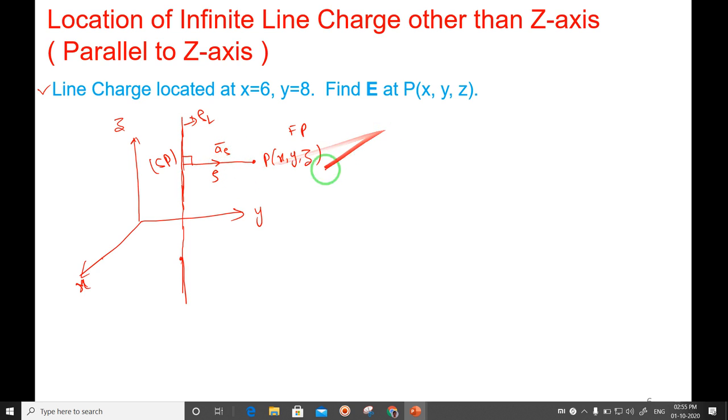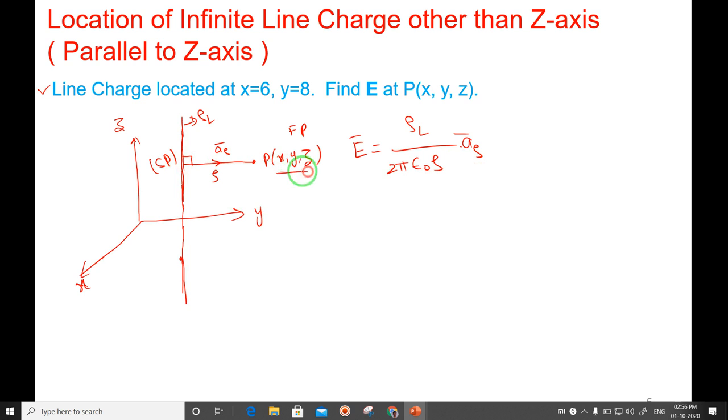I know the electric field intensity due to an infinite line charge: the formula is rho L by 2 pi epsilon naught rho into the unit vector. So rho L is the line charge density, by 2 pi epsilon naught, and the distance between source point and field point is rho into the unit vector. This is fine, we know this. But how to calculate rho and its unit vector? That is our intention here.